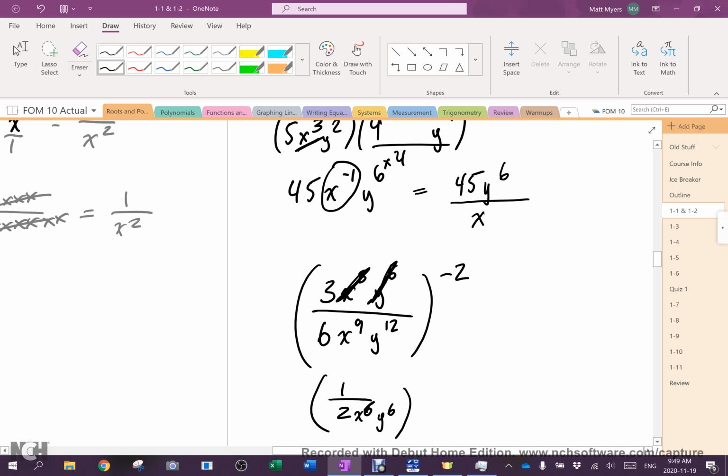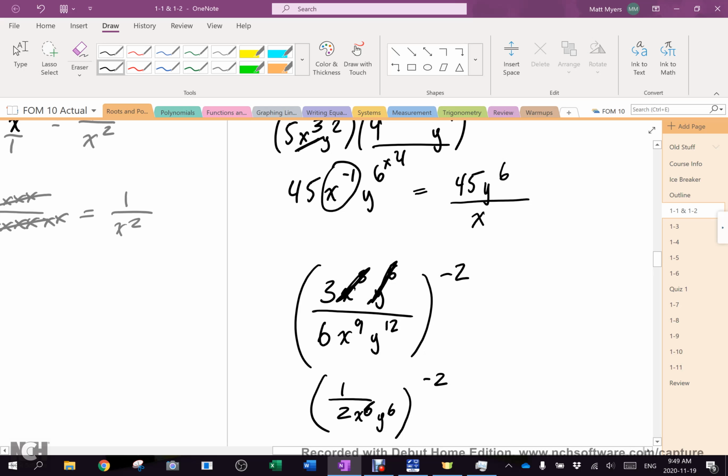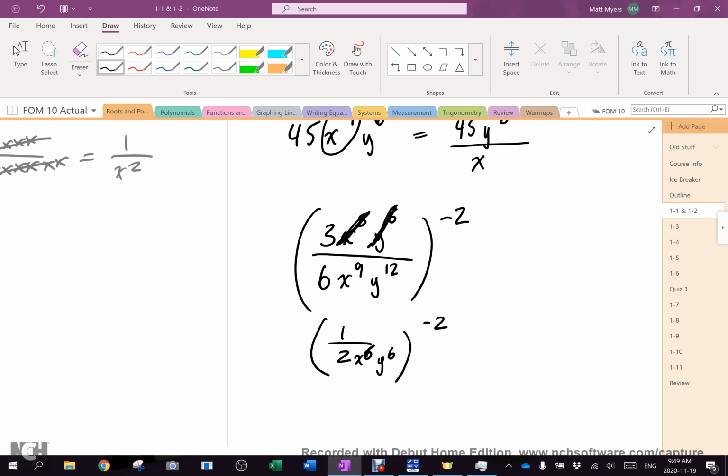Now all of that is to what power? Negative 2, because I didn't touch that one yet, right? Again, could I bring that negative exponent everywhere inside? Could I? But that would mean I would have 1, 2, 3, 4 negative exponents.